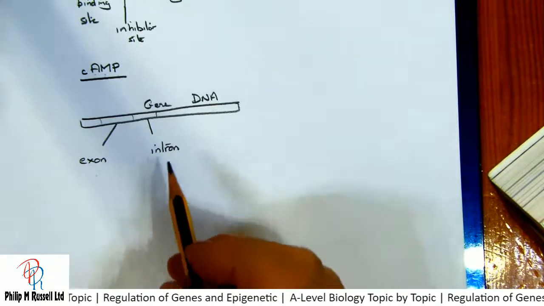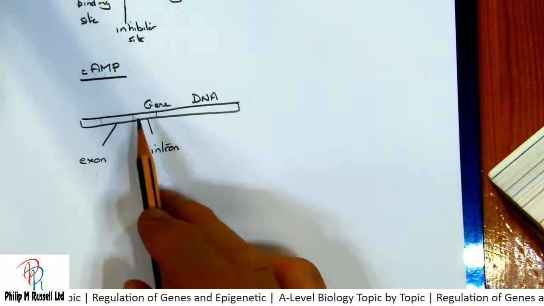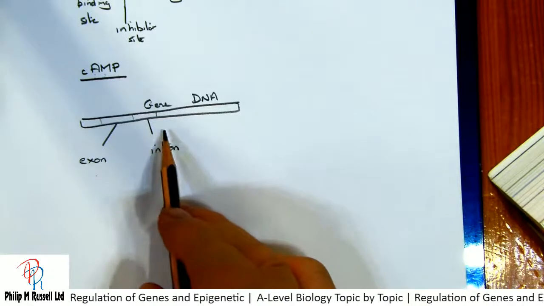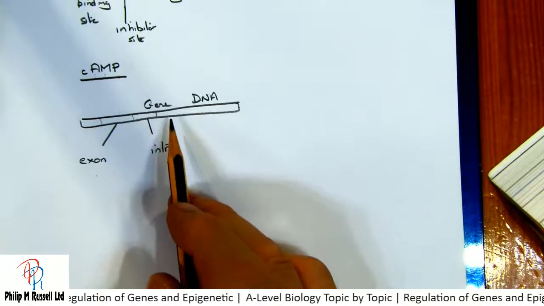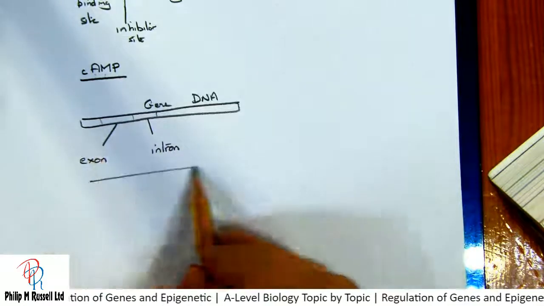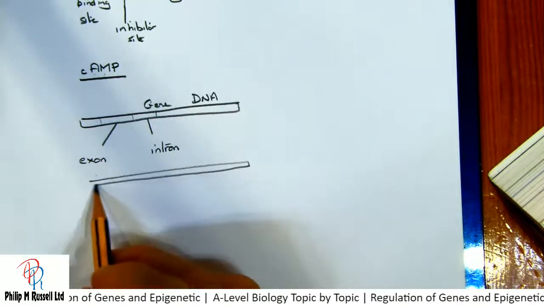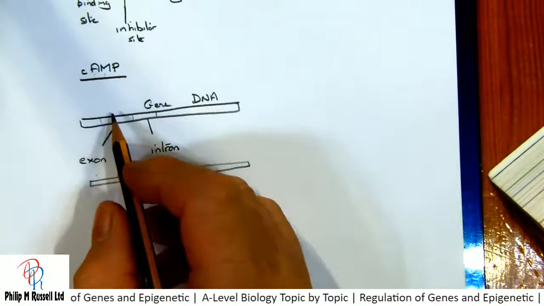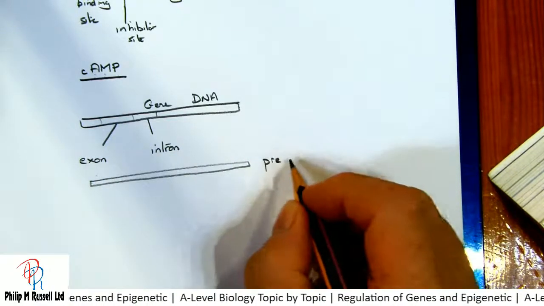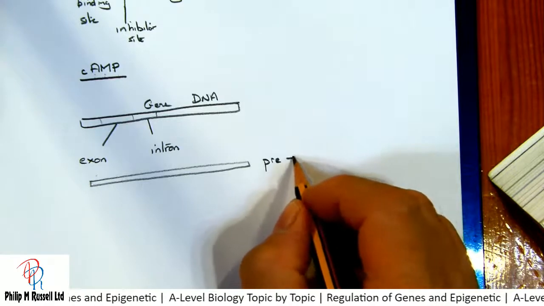Now, what happens here? Well, only in eukaryotic cells does this happen. We get this copied into a piece of mRNA. So the whole gene gets copied, and this makes something called pre-mRNA.